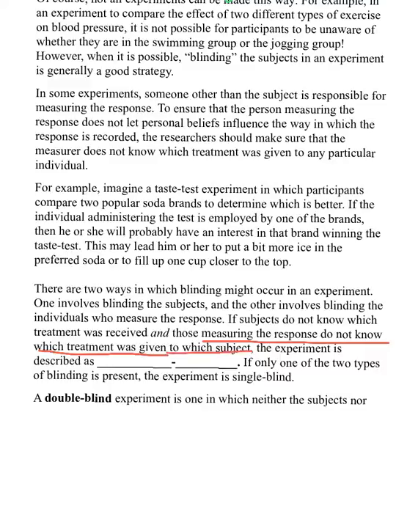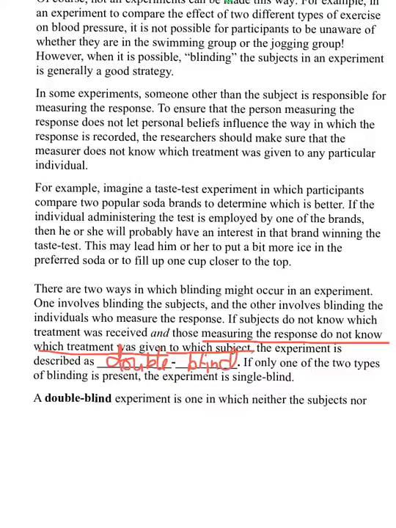So if the individuals don't know and the people measuring the response don't know, then this is a double blind experiment. Now, this is important because if the person who is measuring the response knows who is in which treatment group, that could bias their measurement of the response.